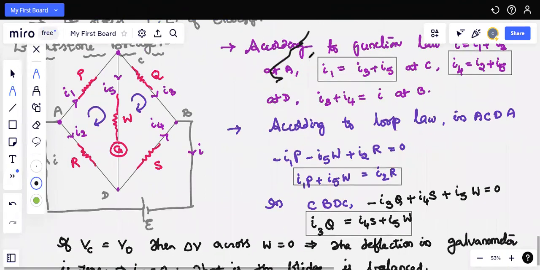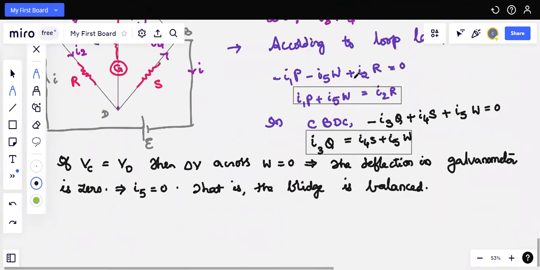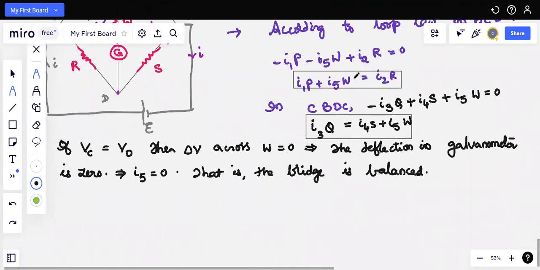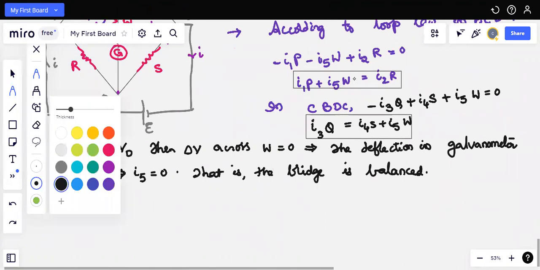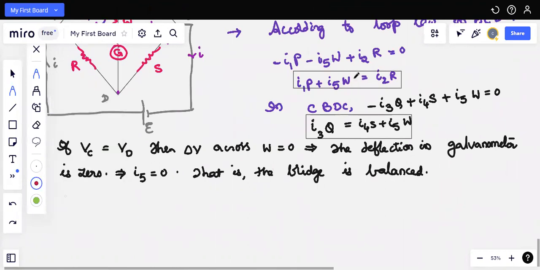I4 equals I2, and then those two we are going to substitute in the remaining two equations. So that implies here I write I1 equals I3 and I2 equals I4.